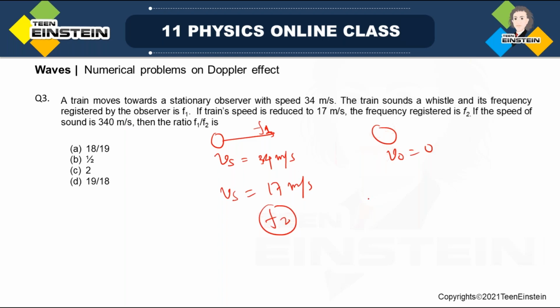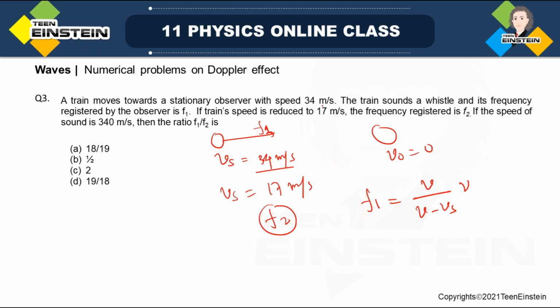This is very simple. When the source is moving towards the observer, nu prime, written here as f1, will be v divided by (v minus vs) into the original frequency, nu.